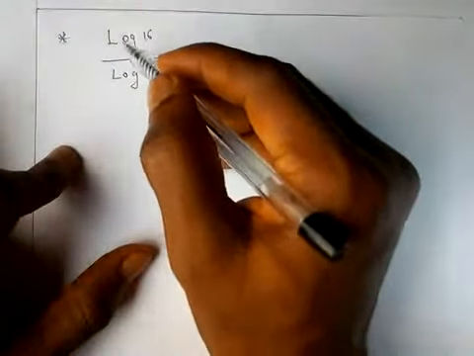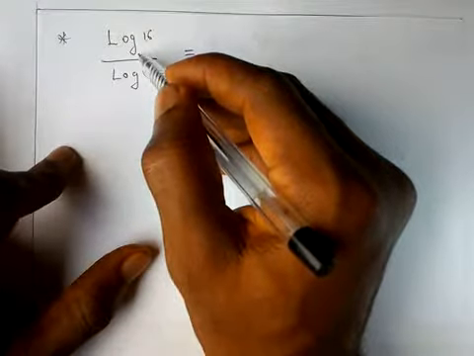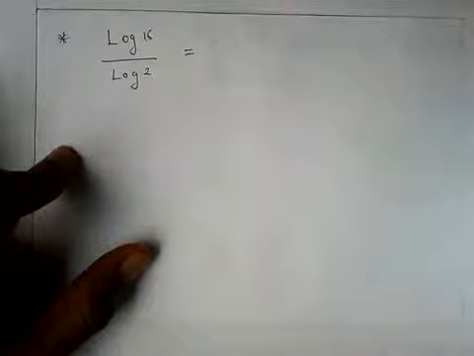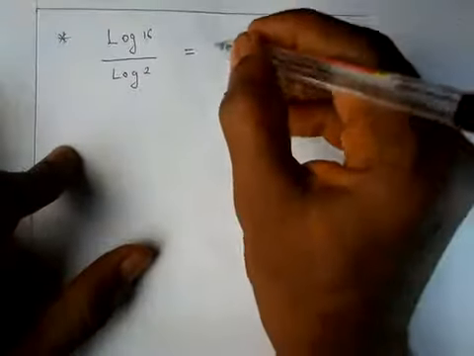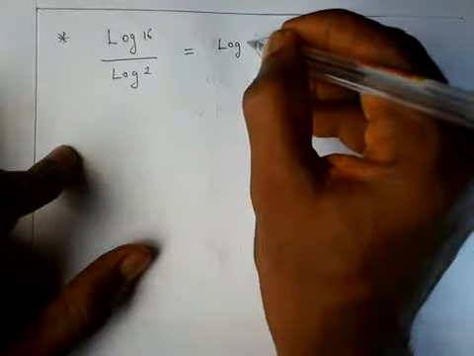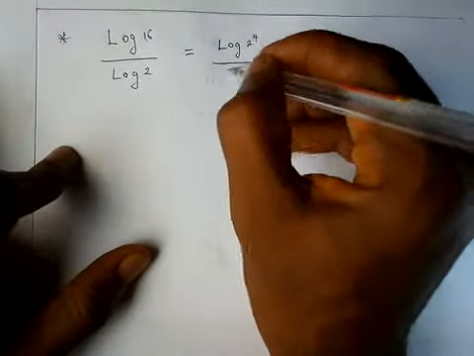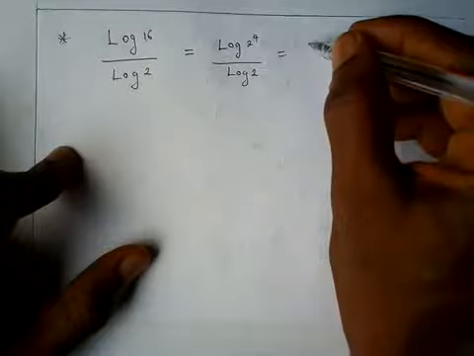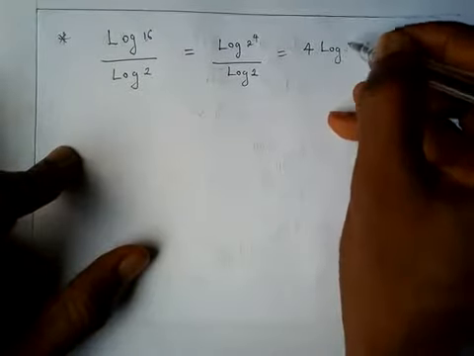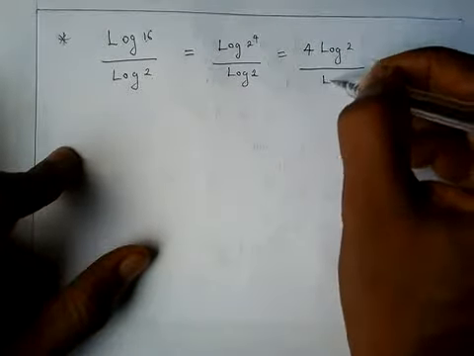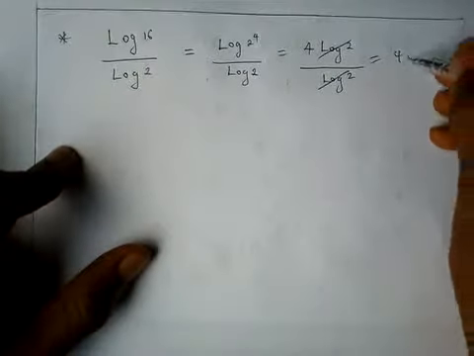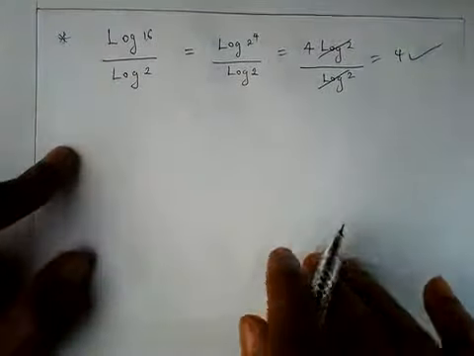Just as a reminder, if there is no base, it means it's in base 10. When a logarithm doesn't have a base, it is in base 10, so it is the norm. So log 16 is 2 raised to power 4 divided by log 2. 4 comes down to give us 4 log 2 divided by log 2. Log 2 cancels log 2 to give us 4 times 1, and that is 4.